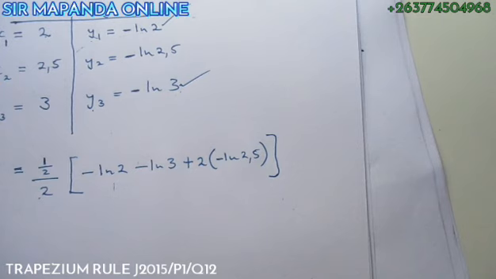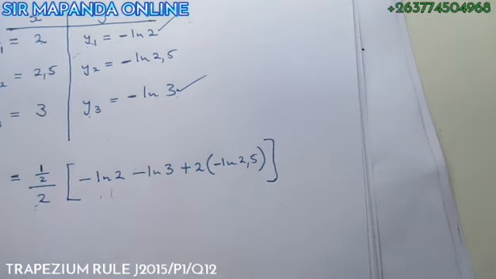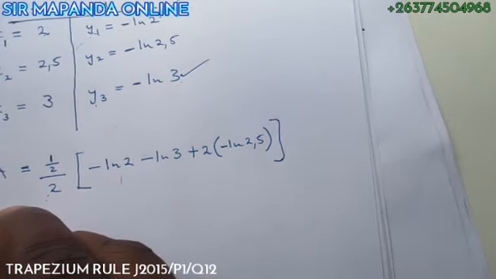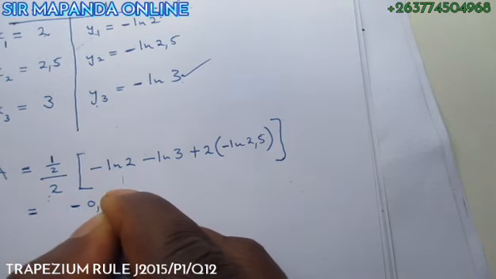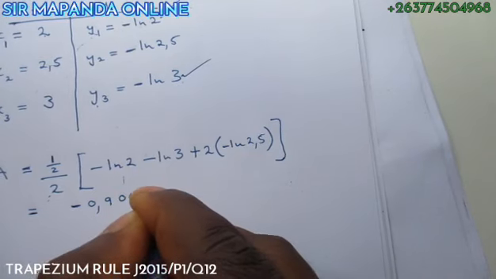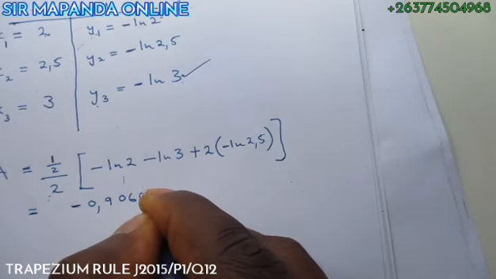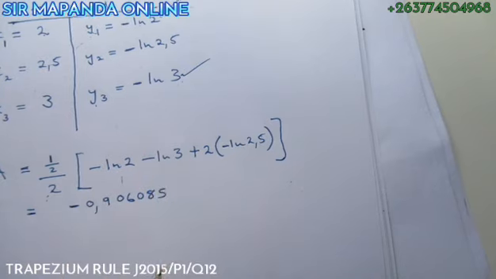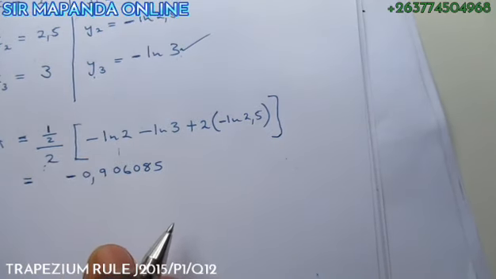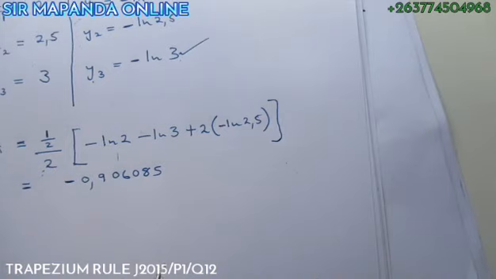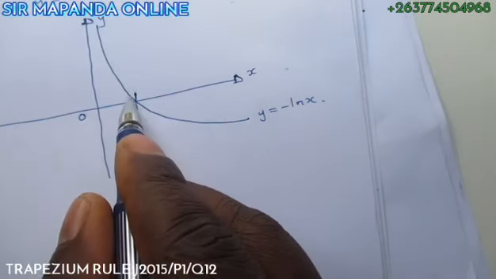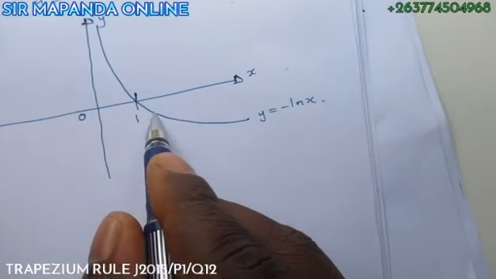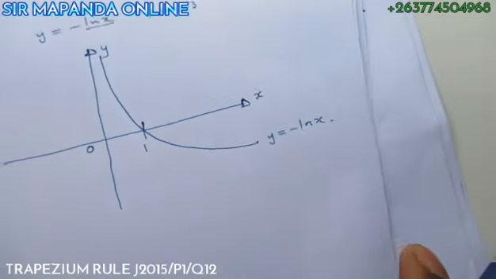So we are going to punch this in our calculator. What you get is negative 0.906085, something like this. The reason why our answer is coming out negative is because in our sketch of the graph, we obtain something which is below the x-axis, so you get a negative result.